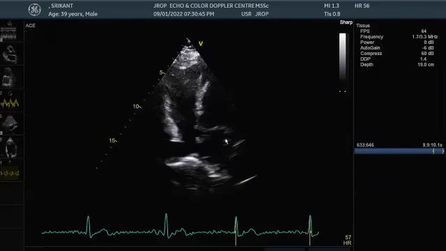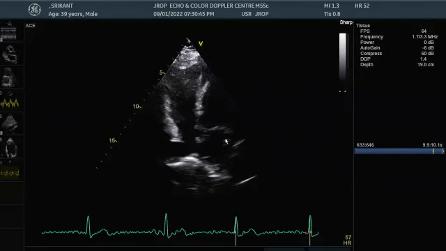And what about the velocities, peak velocity and mean velocity? Same thing for peak velocity and mean velocity. Peak velocity, if it's more than 4 meters per second, has value in severe aortic stenosis. Whenever we go back to prosthetic valve, listen to my prosthetic valve lecture which I gave you last week.